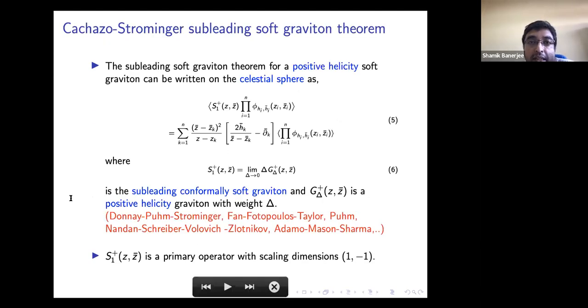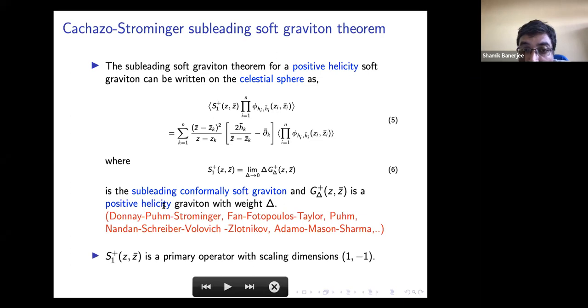Now let's start with the subleading soft graviton theorem, which is this statement 5. This has been written on the celestial sphere. You can see that we have these phi's, and we also have this S1 plus Z Z bar. This is called the subleading conformally soft graviton, G plus delta Z Z bar.